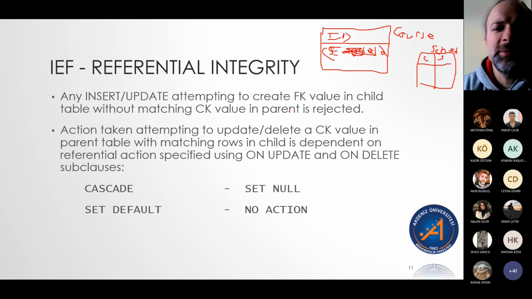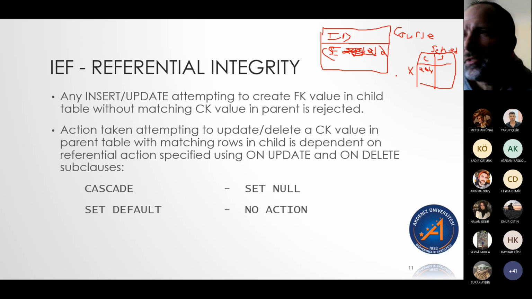But what should that action be? That's what I'm asking: what should happen when this course ID changes, because we can't leave it like this, right? We can't have 204 over here. 204 being here is a no-go, because there is no 204 over here. So what action should we take? What do you think would be the most reasonable action to take here?